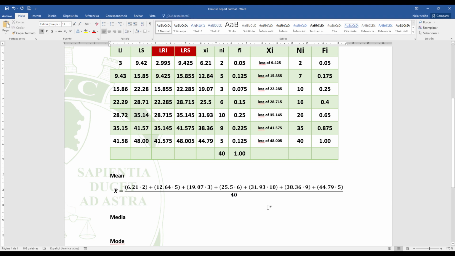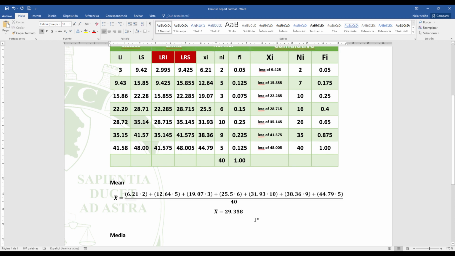This is the operation that you need to do. Again, you multiply the class mark by the frequency. When you finish that, you need to add and divide by 40, the total.